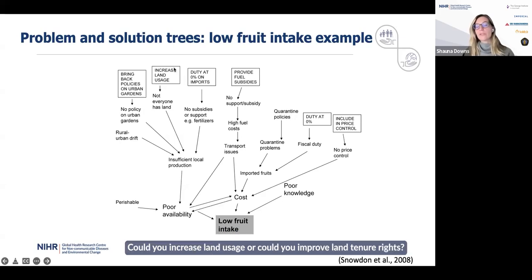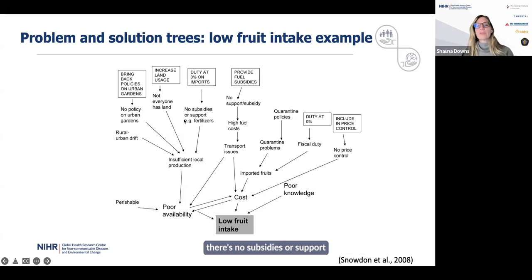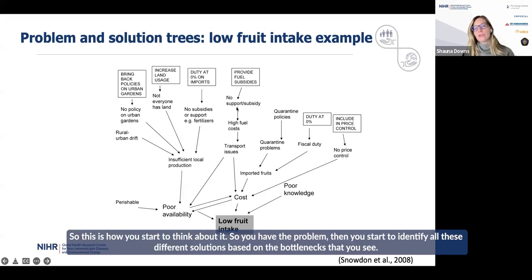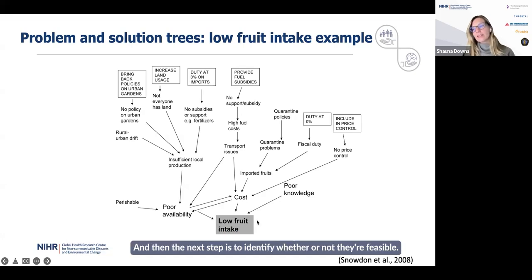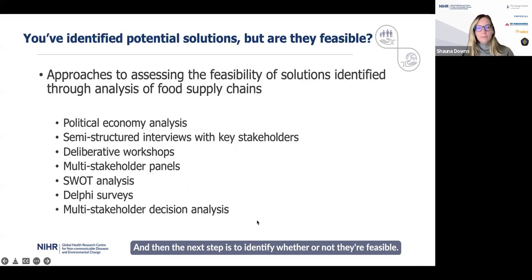Could you increase land usage, or improve land tenure rights? There are no subsidies or support for things like fertilizer? Well, could you change the duty? This is how you start to think about it. You have the problem, then you identify all these different solutions based on the bottlenecks that you see. And then the next step is to identify whether or not they're feasible.